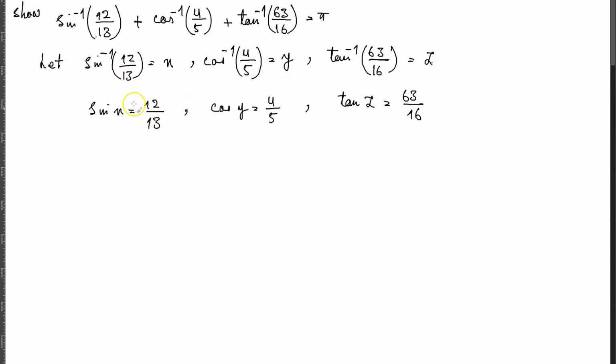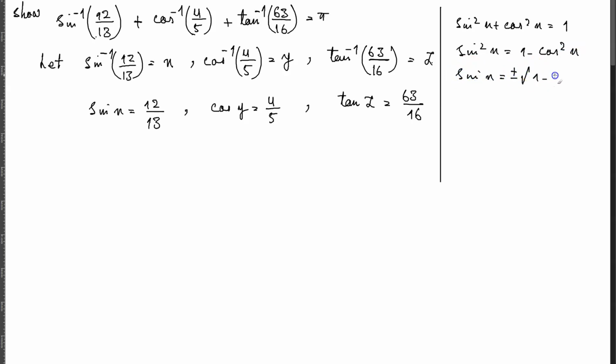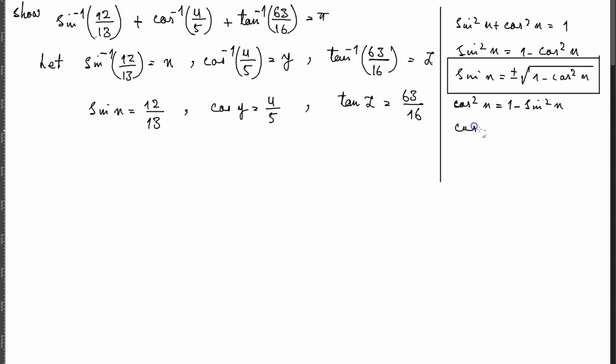Okay, so now in order to calculate basically the cos of x, I know that sine squared x plus cos squared x is equal to 1, which means that sine squared x is equal to 1 minus cos squared x, which means that sine x is equal to plus or minus square root of 1 minus cos squared x, and also cos squared x is equal to 1 minus sine squared x.